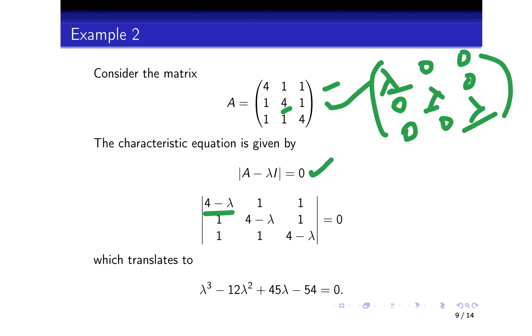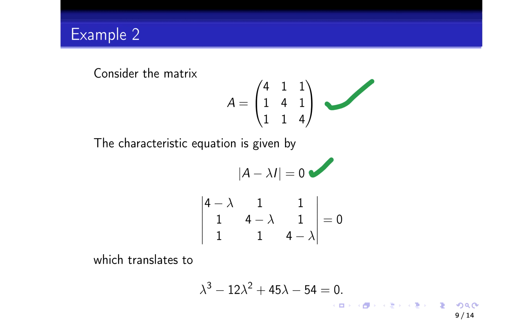So the next thing now is to find the determinant of all this. Of course, by now you know how to do that. You have 4 minus lambda. First, you assign signs. You have plus, minus, plus, right?